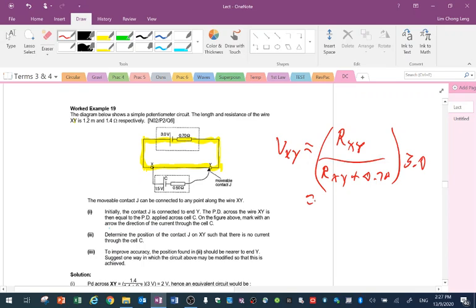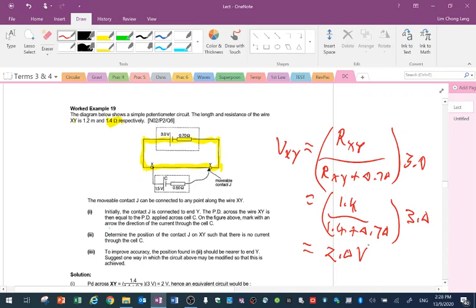So this resistance across XY is 1.4, right? So I have 1.4 divided by 1.4 plus 0.70 multiplied by 3. If you calculate it quickly, you'll get 2.0 volt. Okay, Vxy is 2.0 volt.